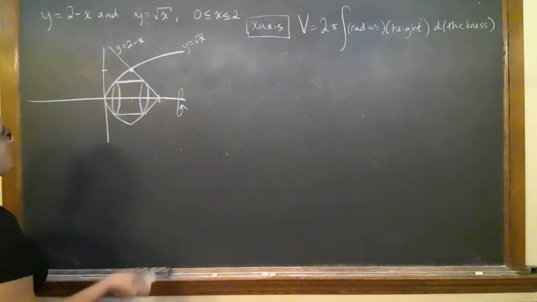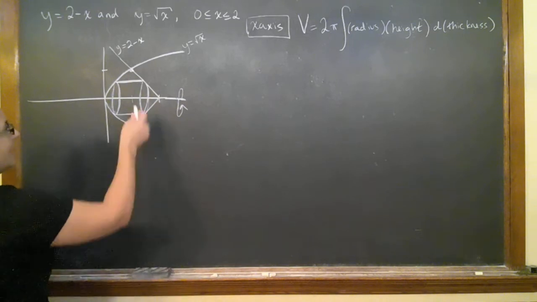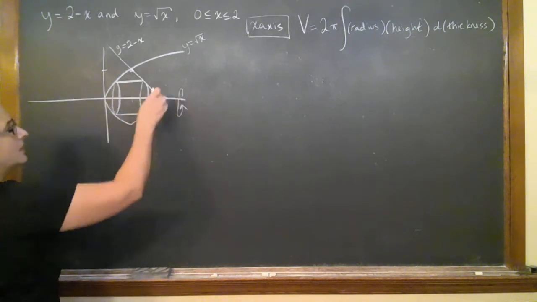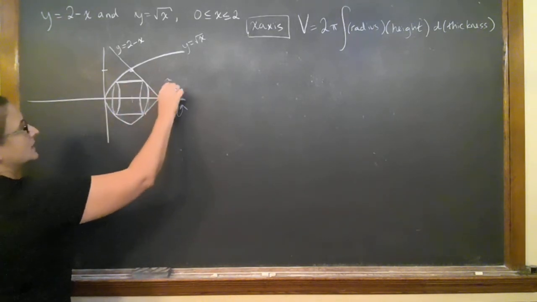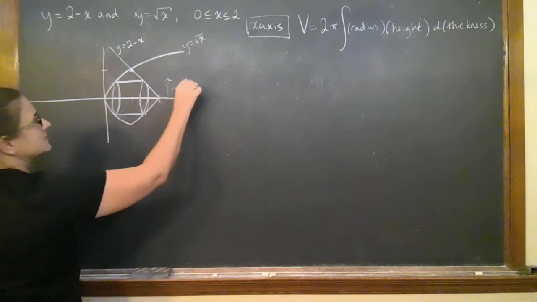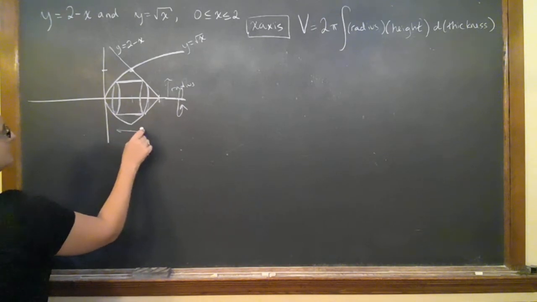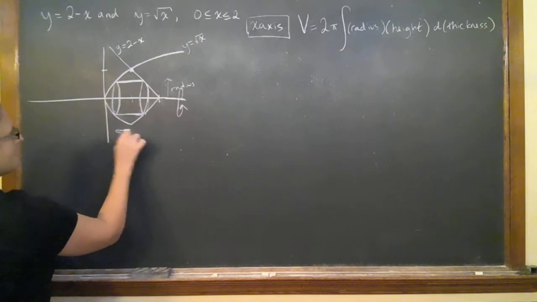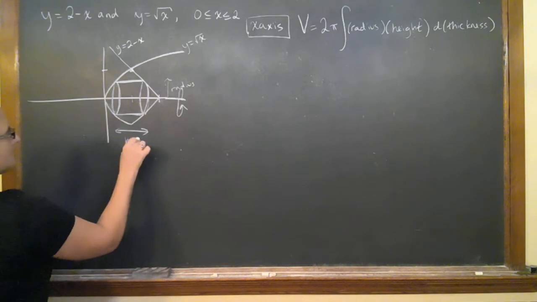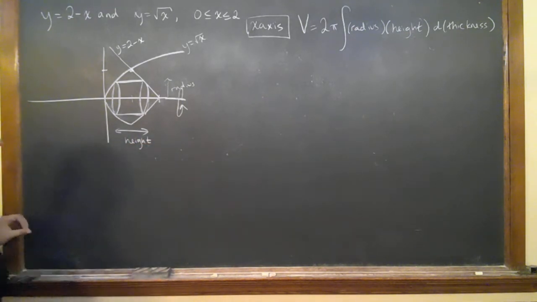Now, if I look at this, I can see because it's going this way, the radius is going to be here, radius here, and the height of the cylinder is going to be here. Okay.